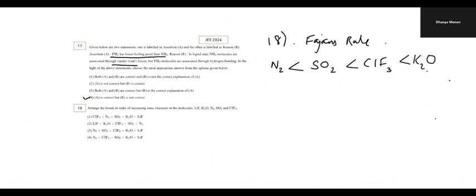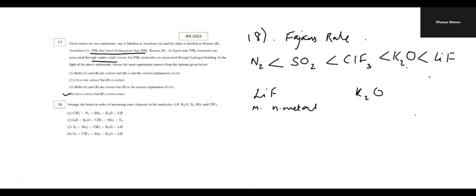Then I have lithium fluoride. Here lithium fluoride is between a metal and a non-metal, which will be ionic, and K2O also is between a metal and a non-metal.